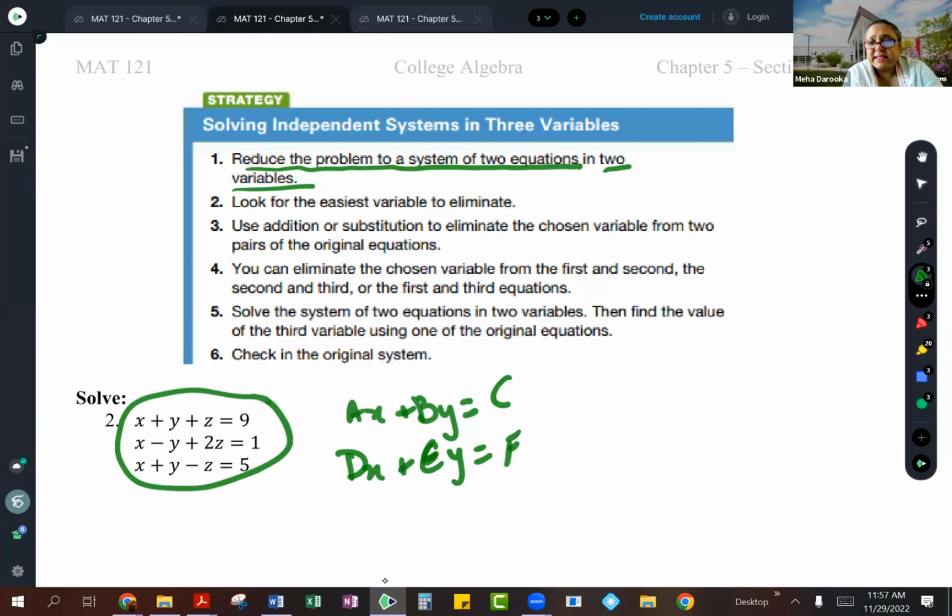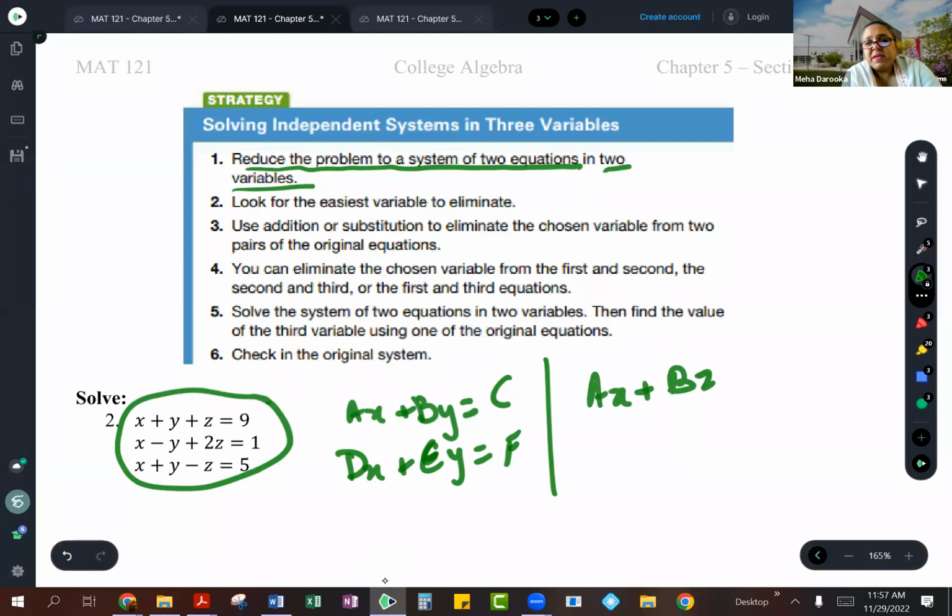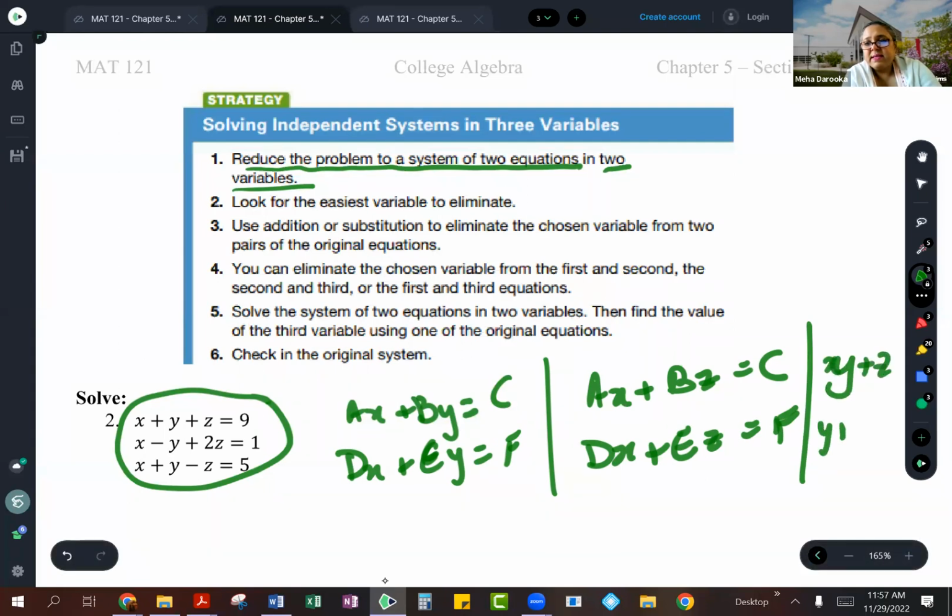Now they can be x and y, they can be y and z, they can be x and z, it doesn't matter, as long as you have only 2 variables and 2 equations.